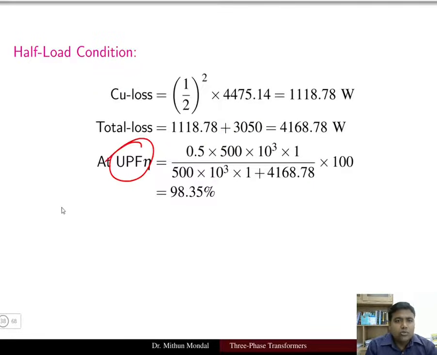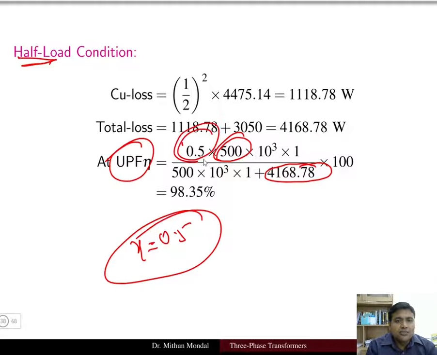Then at unity power factor condition, we have to substitute the total loss on the machine, and the power remains the same, 500. One important point is that since it is half load, the value of x we have to substitute as 0.5. So here it will be 0.5 as the output power, and here also we have to substitute 0.5 multiplication.